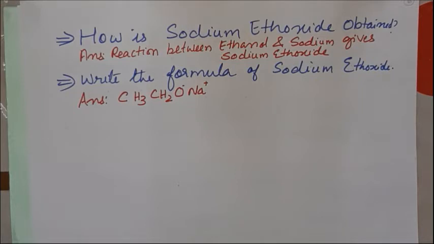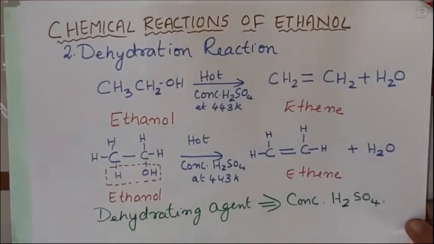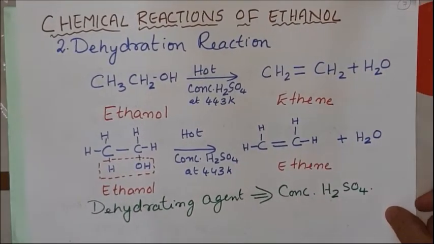You can mention that the reaction between ethanol and sodium gives sodium ethoxide. It could be a one-marker question in the board paper. Let me explain the second reaction regarding ethanol.